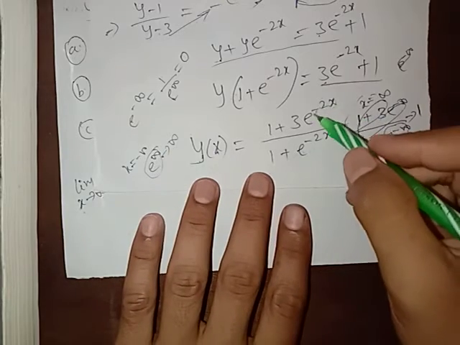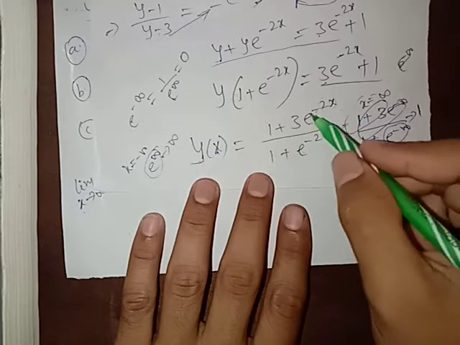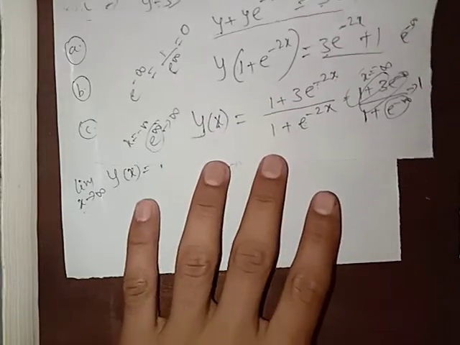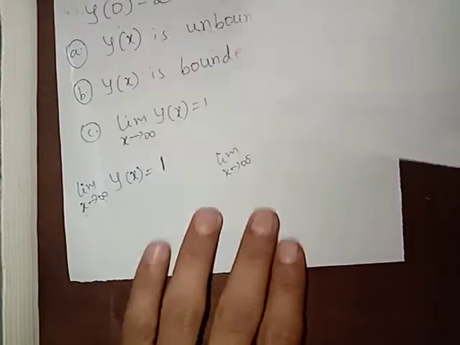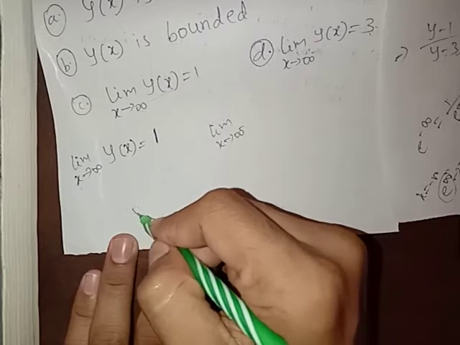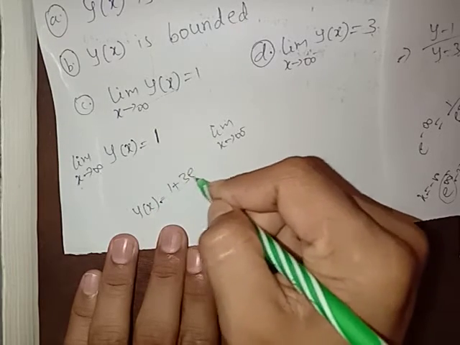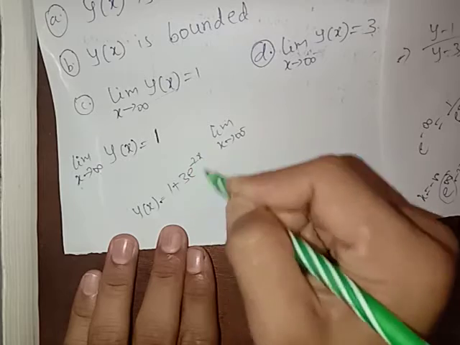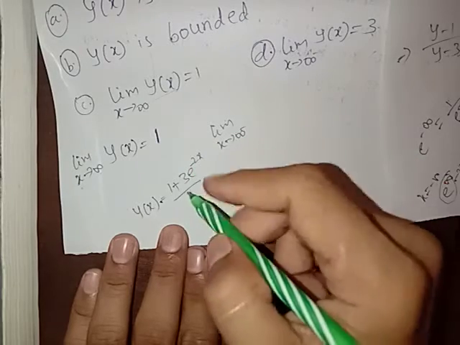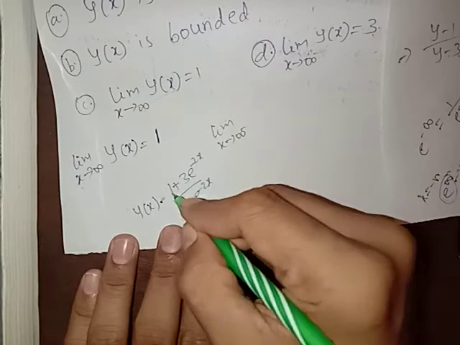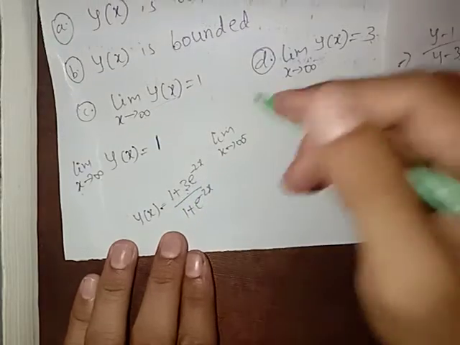So we get infinity here, and infinity here also. Infinity by infinity is an indeterminate form. So we take y of x equal to (1 plus 3 into exponential of minus 2x) divided by (1 plus exponential of minus 2x).